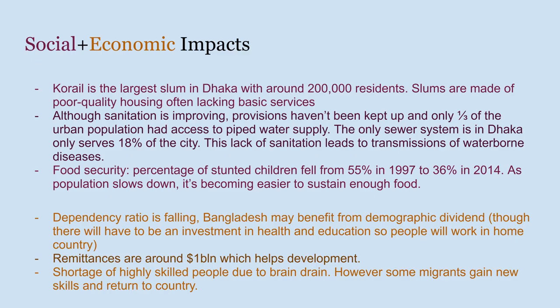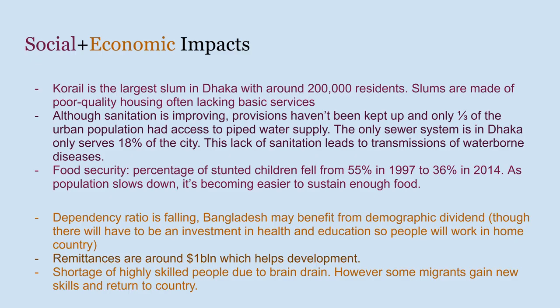So food security: the percentage of stunted children fell from 55% in 1997 to 36% in 2014. And as the population slows down, it's becoming easier to sustain enough food. So it's likely that now that number is lower. The dependency ratio is falling, which is essentially the ratio of younger people caring for older people.